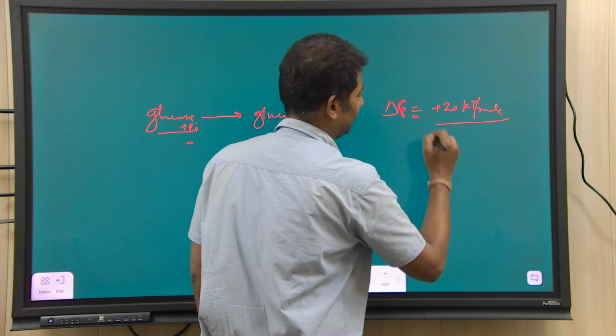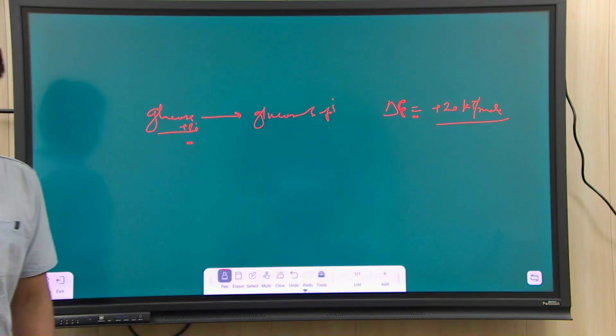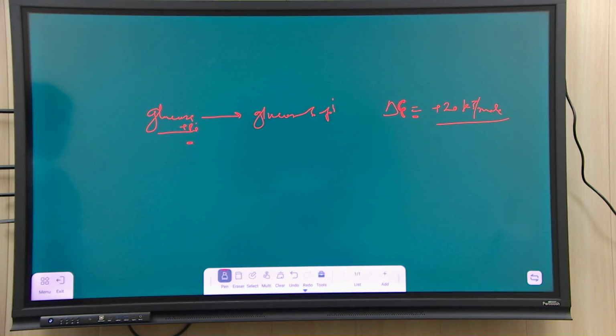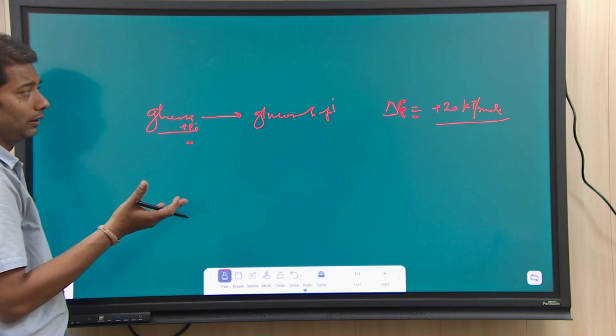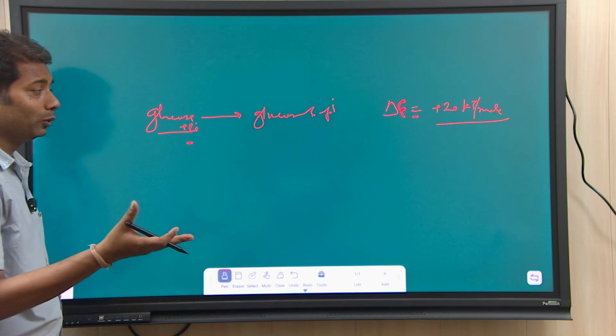This is not feasible. So that's why glucose catabolism cannot take place by its own. So what does the cell do to catabolize glucose? To make it feasible, what does the cell do?